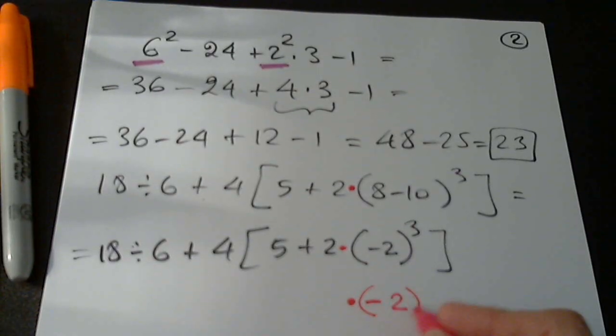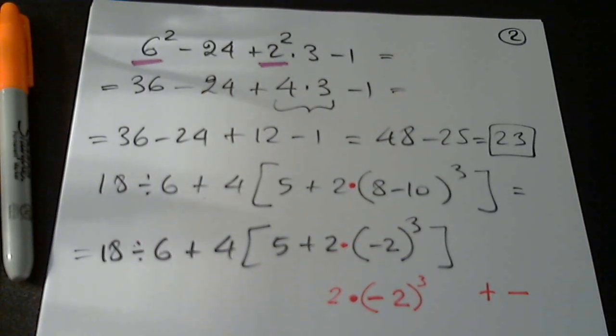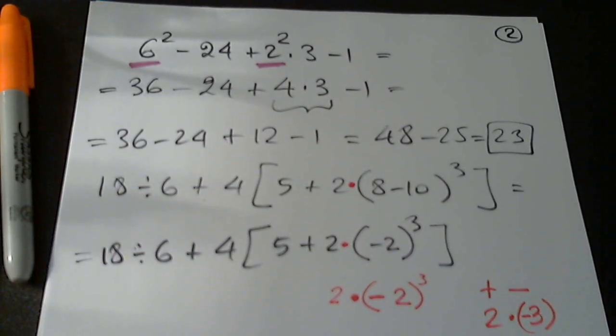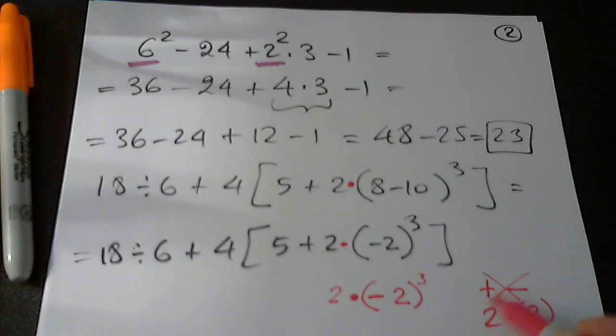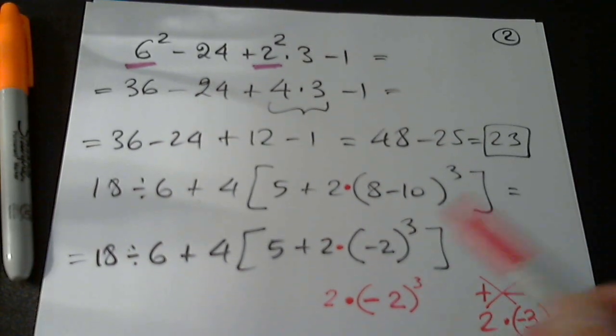This is correct. So please remember, you can never write something like this. You can never write something like this with minus. You have to put parentheses. Okay? So this is not acceptable. This is acceptable.